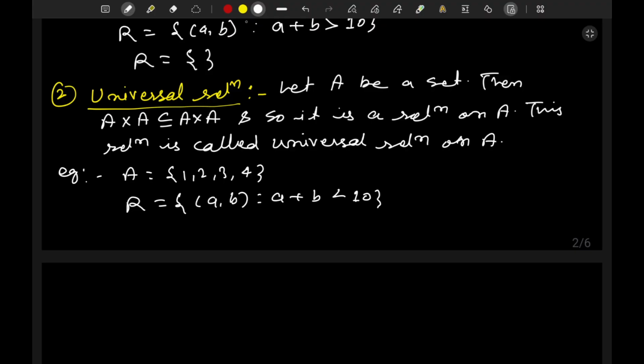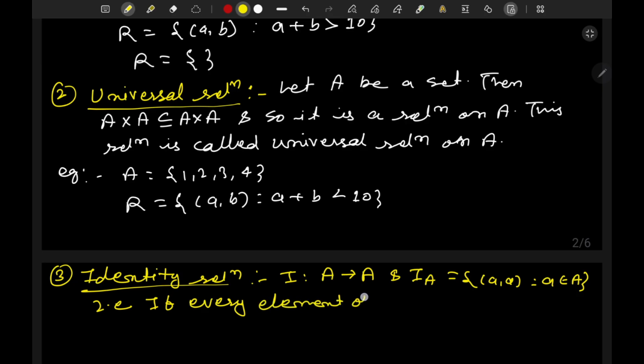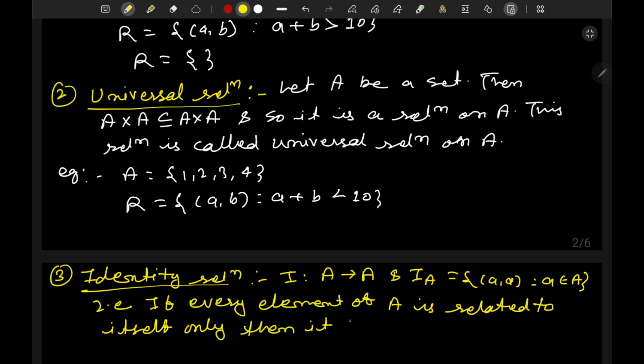Now the third, identity relation. I_A is the set of (a, a) where a belongs to A. That is, if every element of A is related to itself only, then it is an identity relation.